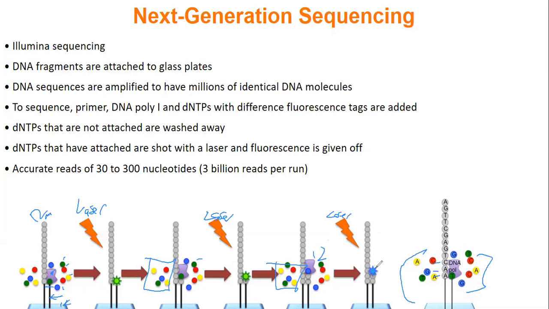I get blue this time, which means a G was added, which means the nucleotides so far I've added were TTG. That means the sequence I'm trying to look at is AAC. Because if I know what's added, I know what's on the other strand, because that's how DNA works. That make a little more sense?